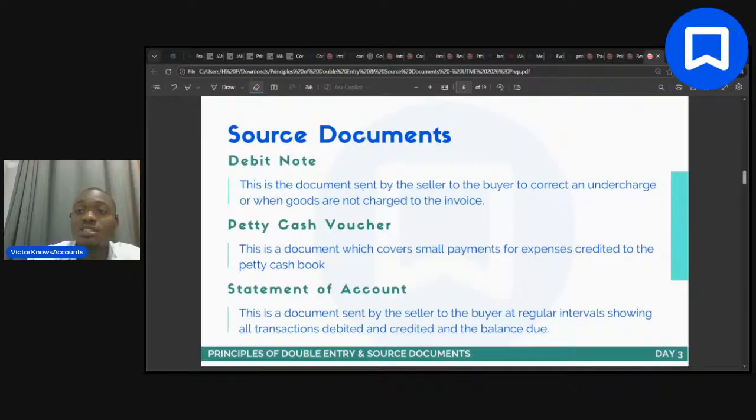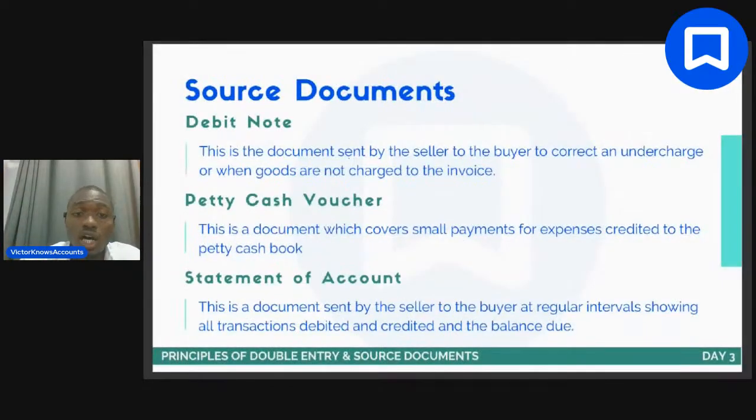So that's generally the way the statement of account works. It's just a document sent by the seller to the buyer at regular intervals, probably per month, to show all transactions that have occurred between the seller and the buyer, debited and credited. Then you now show the balance due.